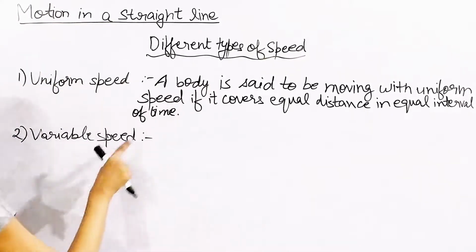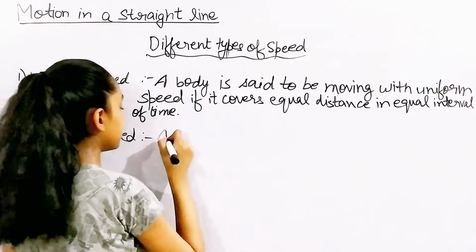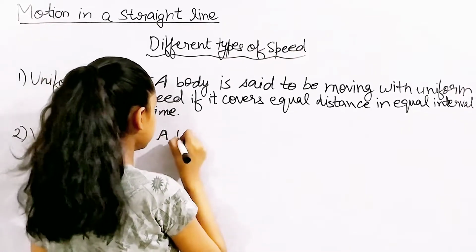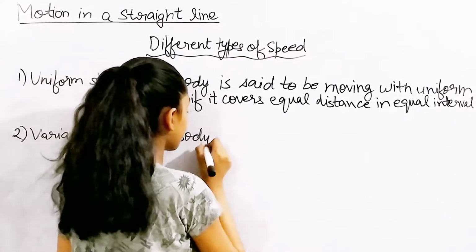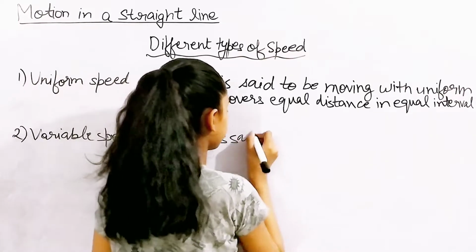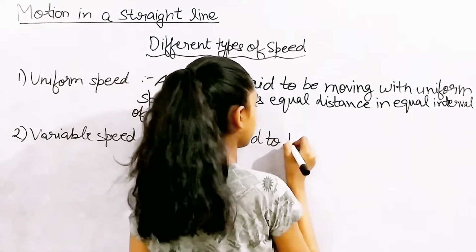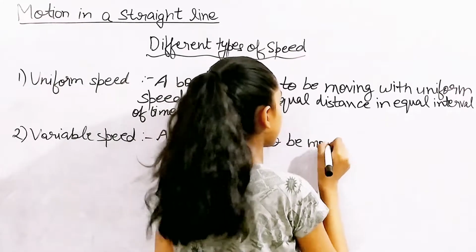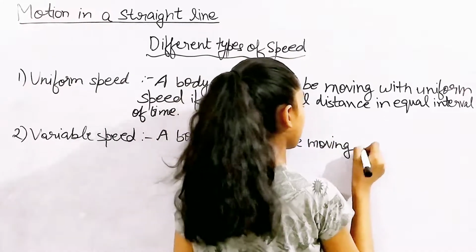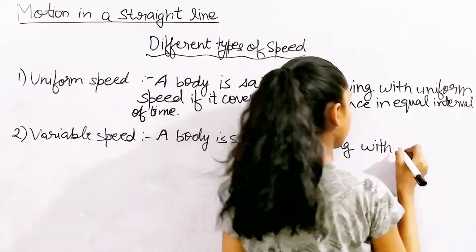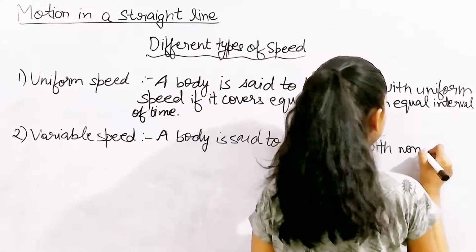Okay. So variable speed. A body is said to be moving with non-uniform speed.